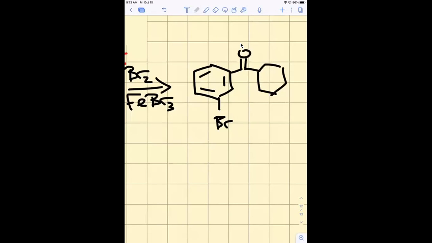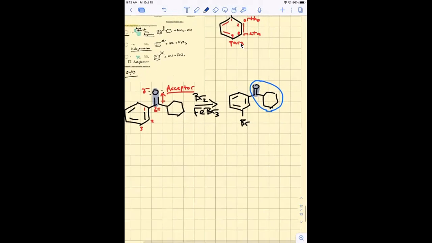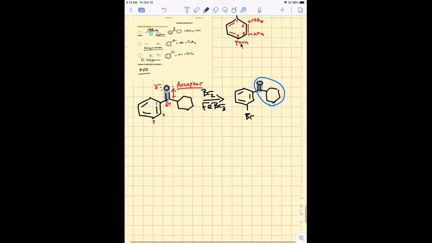And that's strictly because of the presence of this group, and in particular, the carbonyl attached to the ring as an electron pair acceptor. Right, so acceptors are meta directors.